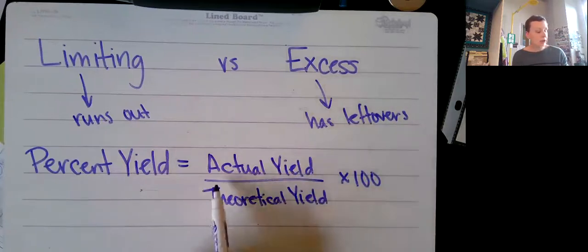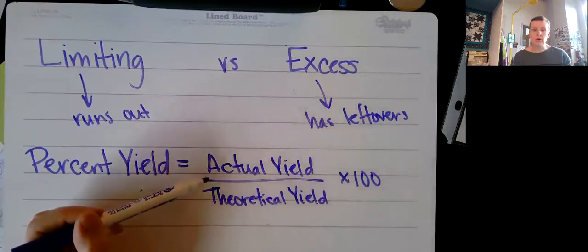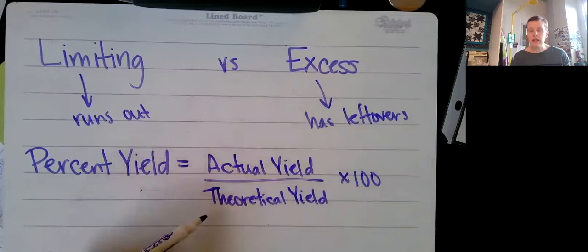Okay, so actual yield over theoretical yield. This is what your experiment or your reaction is actually yielding. So what is actually created. Theoretical is, in a perfect world, how much would be created if everything went perfectly, okay? So actual over theoretical times 100.